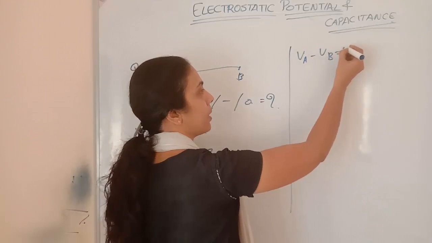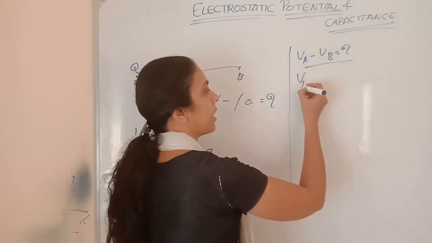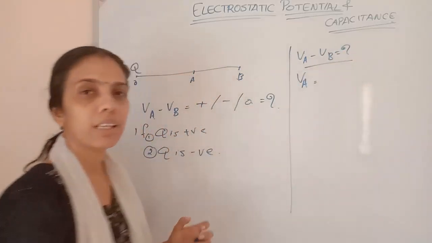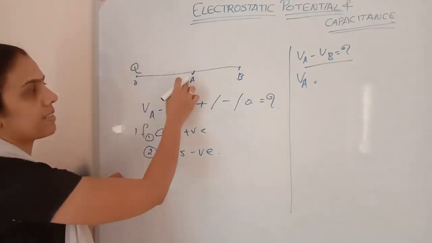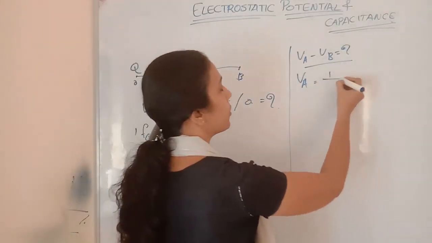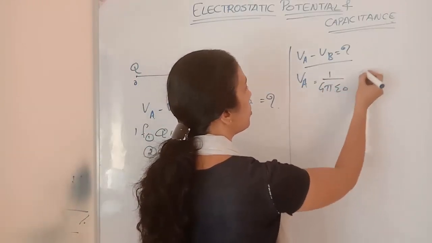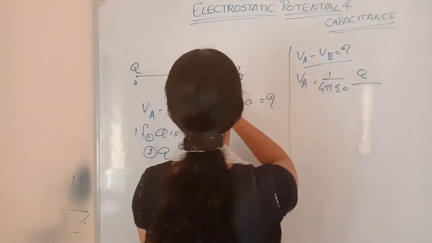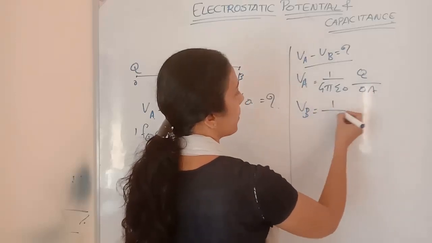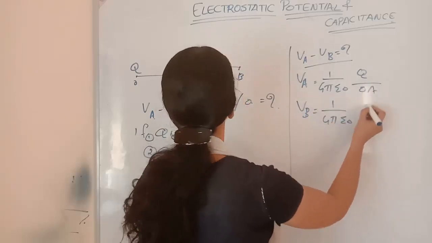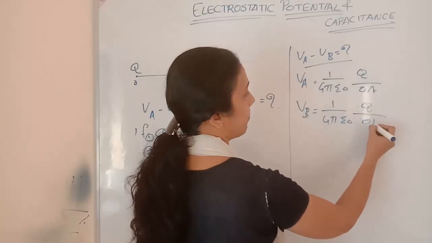For that, first we can find out VA. VA is 1 by 4 pi epsilon 0 Q by this distance, OA. And VB is 1 by 4 pi epsilon 0 Q divided by OB.